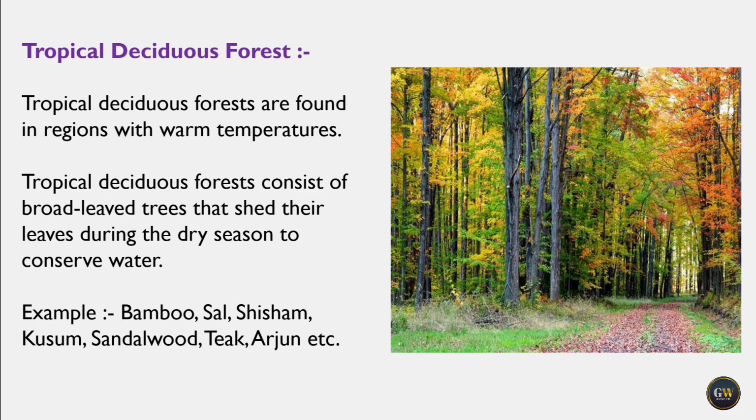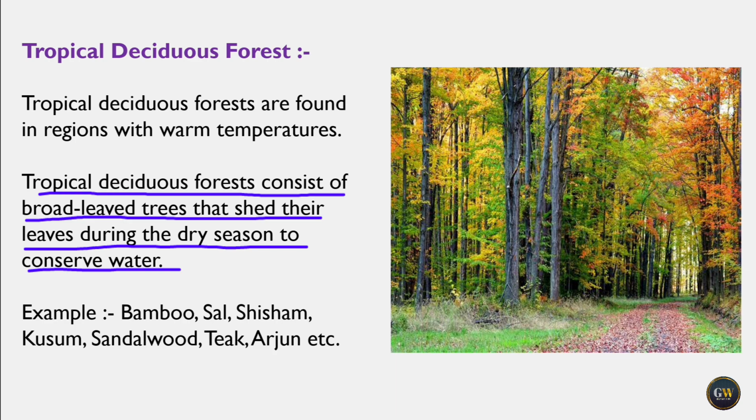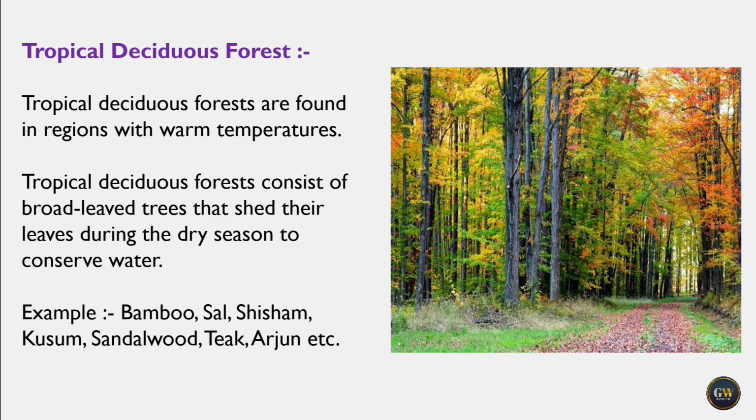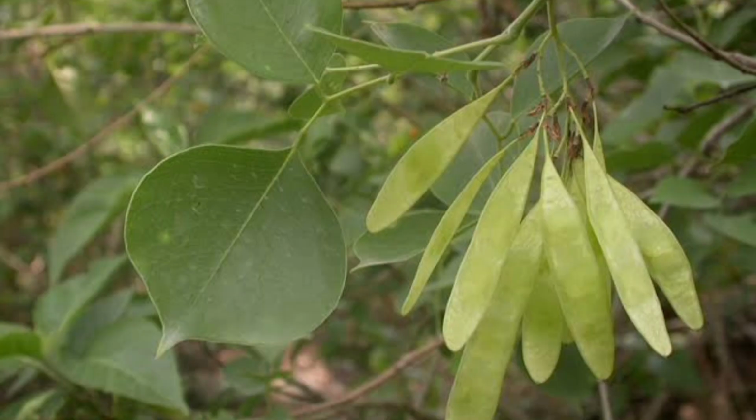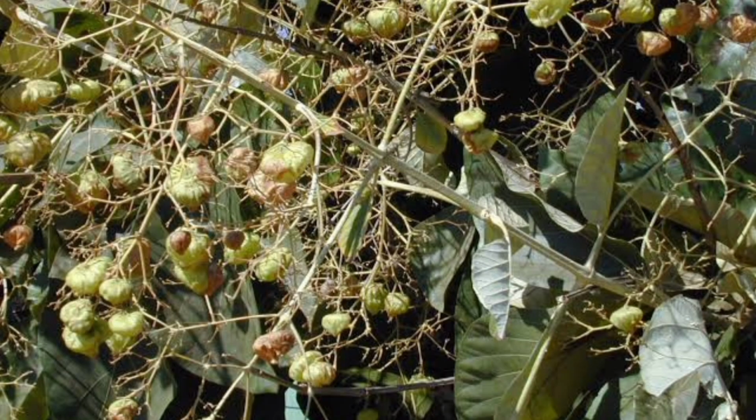Now we have the tropical deciduous forest that is found in regions with warm temperature in the foothills of the Himalayas. The tropical deciduous forest consists of broad-leaf trees that shed their leaves during the dry season to conserve water. Examples of tropical deciduous forest are bamboo, sal, shisham, kusum, sandalwood, teak and arjun.